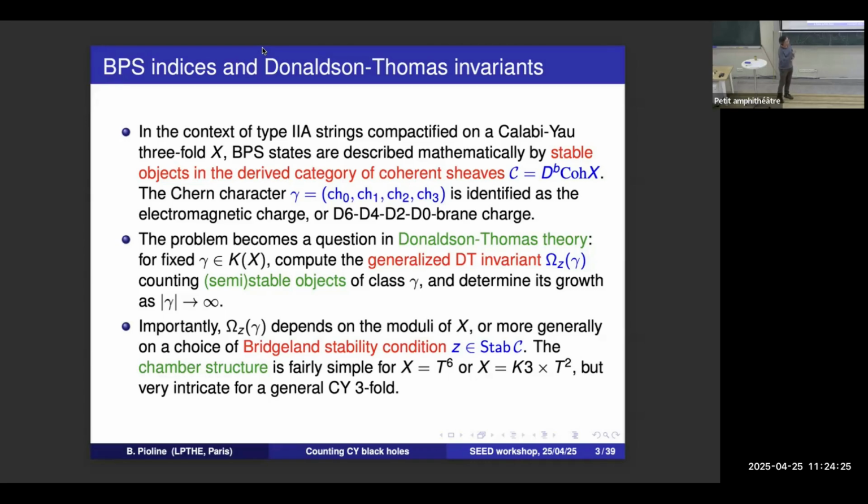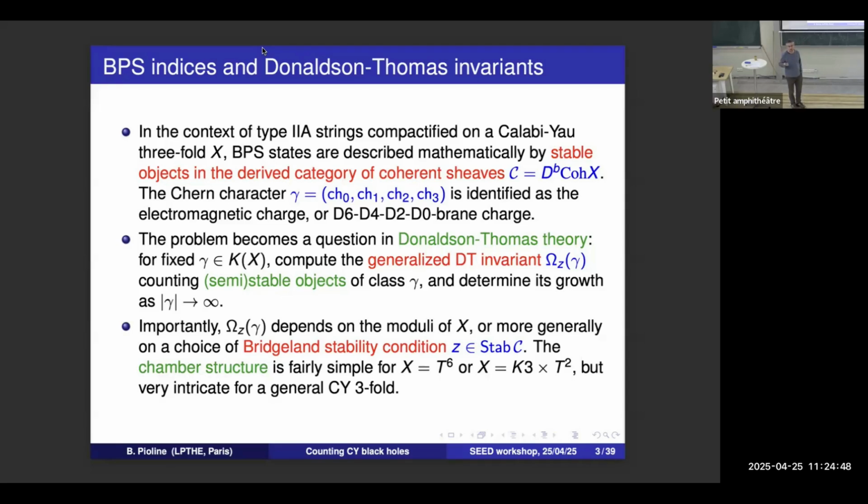So if this Calabi-Yau threefold was actually non-compact and so-called toric, then this problem reduces to a combinatorial problem, somewhat related to the previous talk. It would be like counting plane partitions in 3 dimensions and some kind of gluing of such things. But here we're trying to aim for a general compact Calabi-Yau threefold.